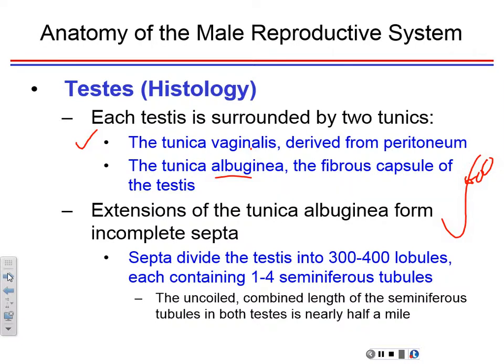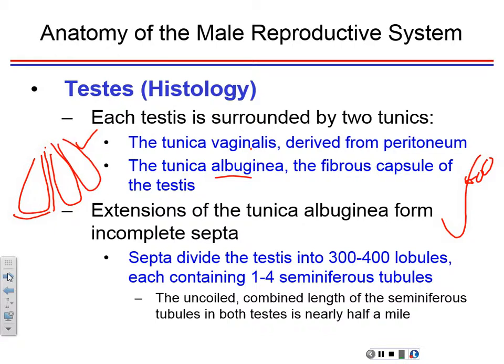And the tunica vaginalis comes from the peritoneum, okay? So the tunica albuginea divides the testes into cone-shaped columns like this. It will be on the outside, and it will invaginate inwards and divide it into lobules like this.